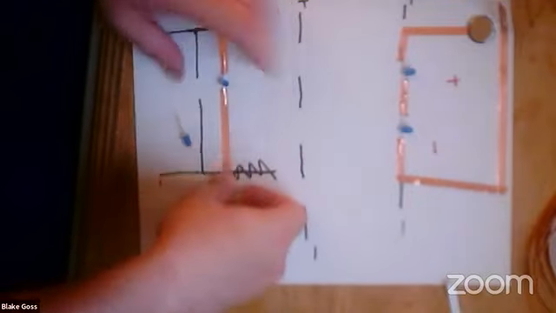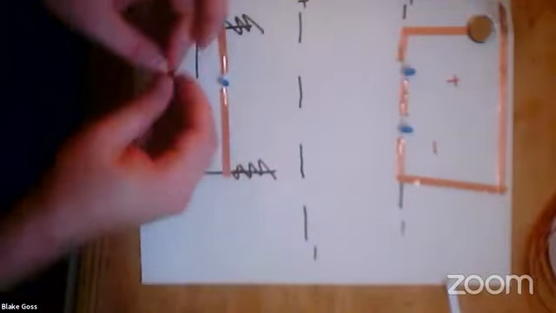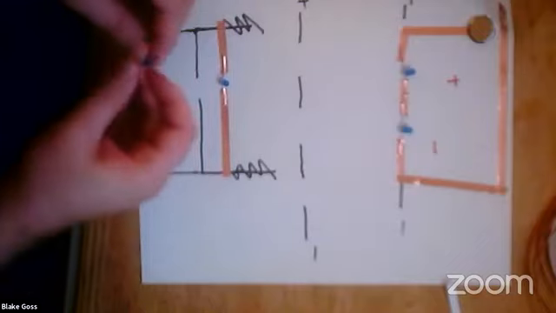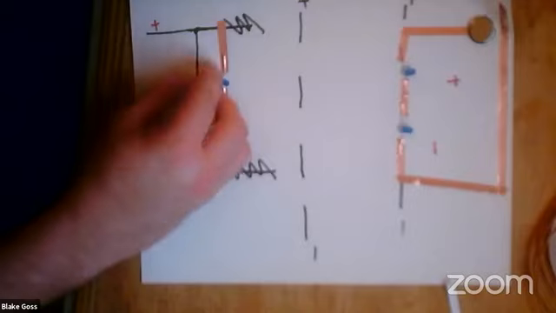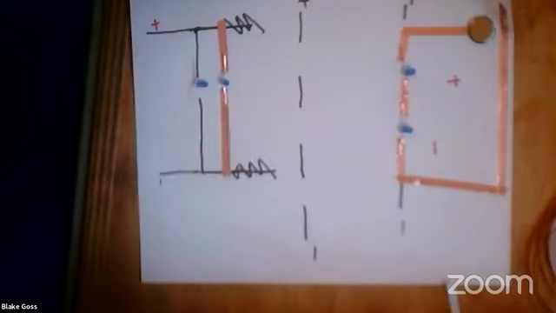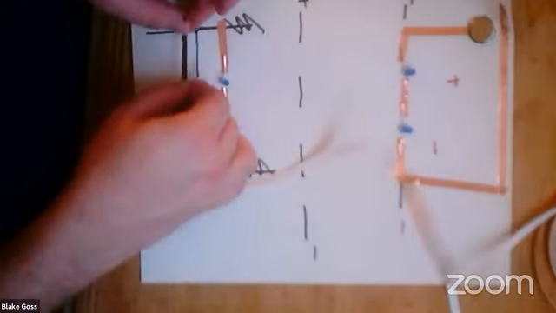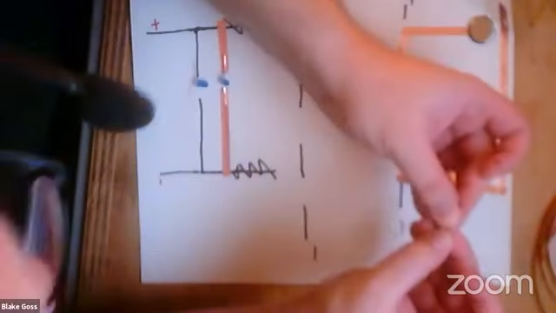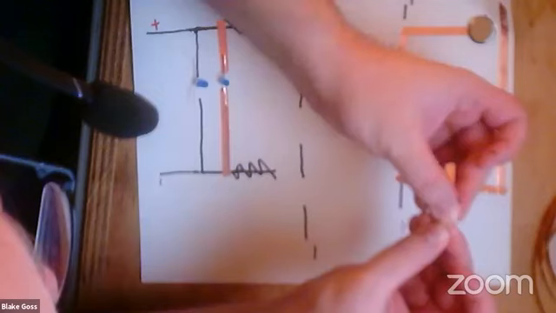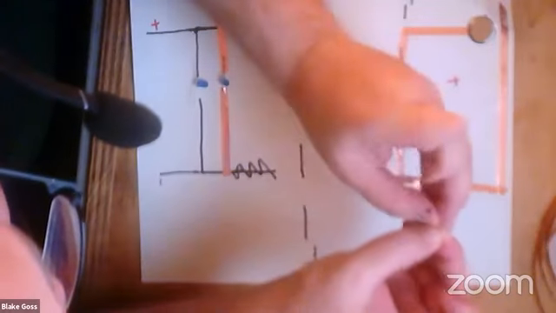Beautiful. All right. I'll do the other light the same way. So the longer leg, the plus leg, goes over there, and then the minus side the other way. So our plus side here, we're going to go ahead and peel that away.